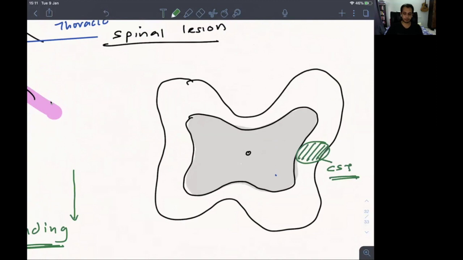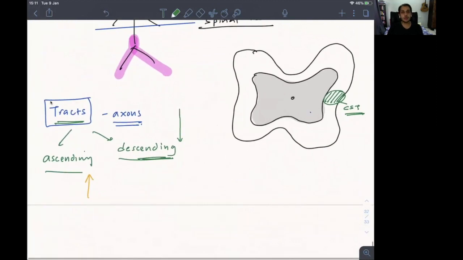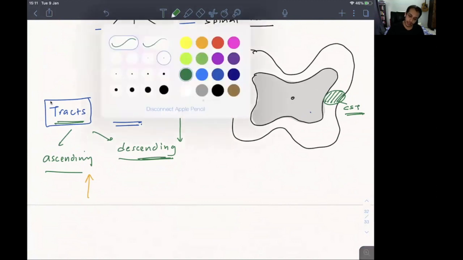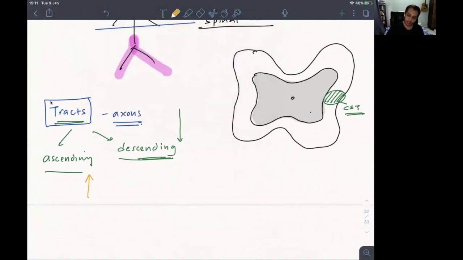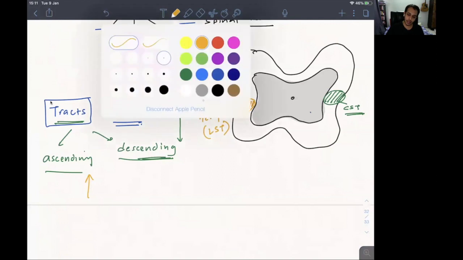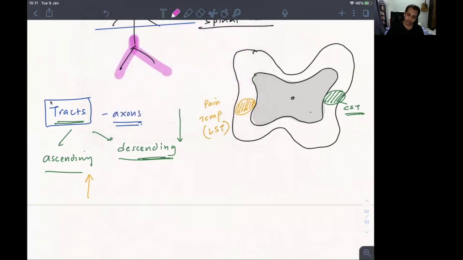Corticospinal tract. And there are two main ascending tracts which carry sensations. And those are the tract that carries sensation of pain and temperature, which is the lateral spinothalamic tract, and the tract that carries information about pressure and joint position.